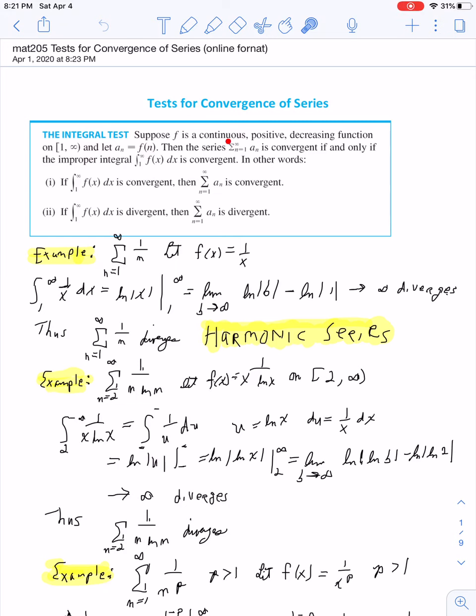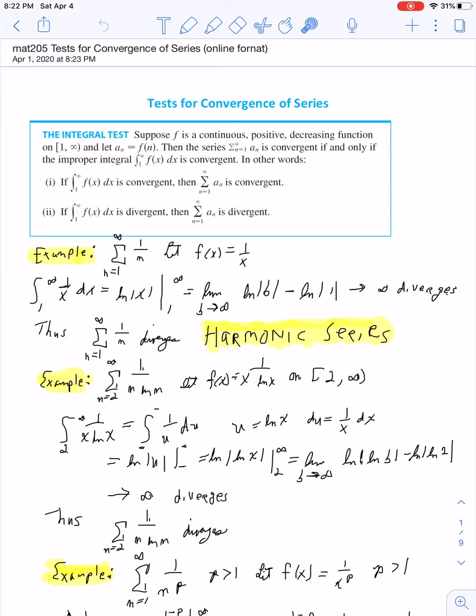If a function f is continuous, positive, and decreasing on 1 to infinity, then if the improper integral from 1 to infinity of f of x dx is convergent, then the series a sub n is convergent. Now, what's a sub n?